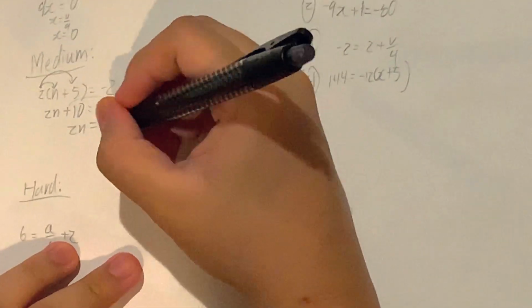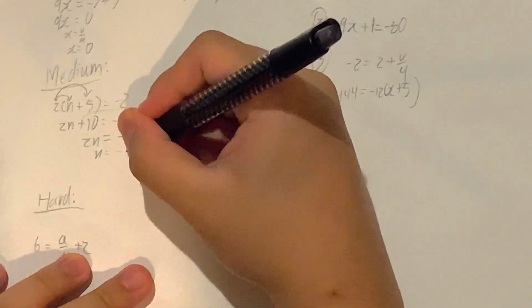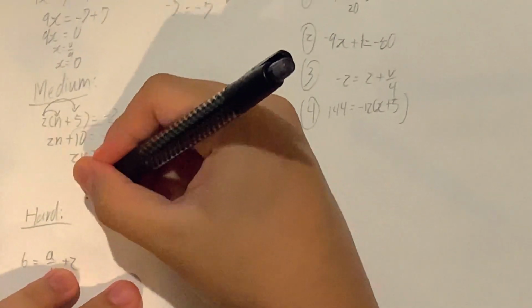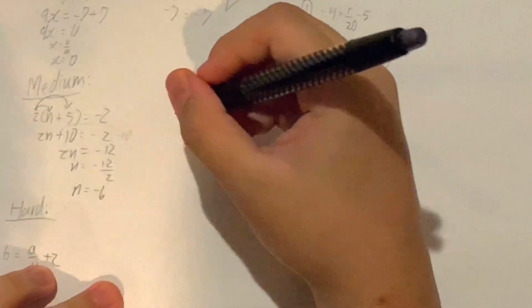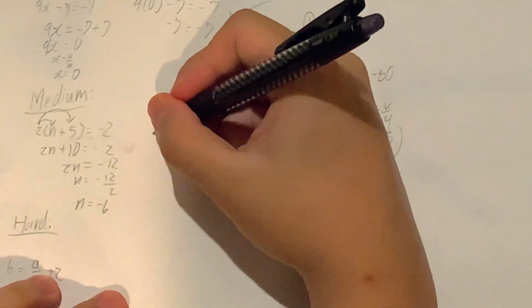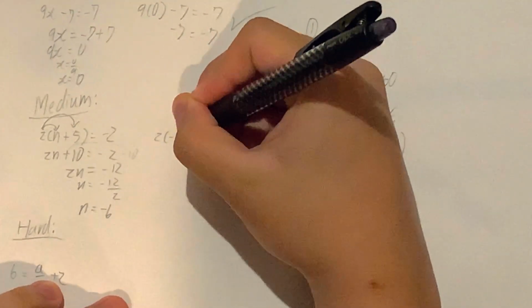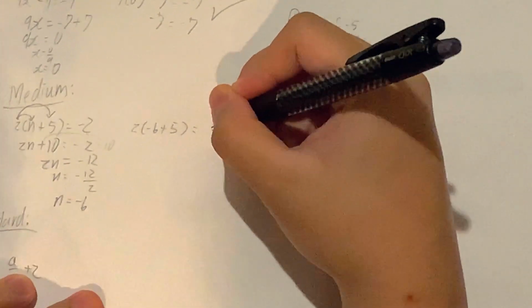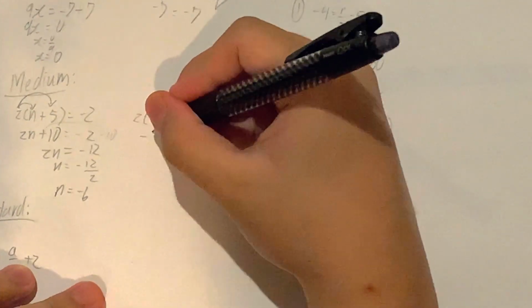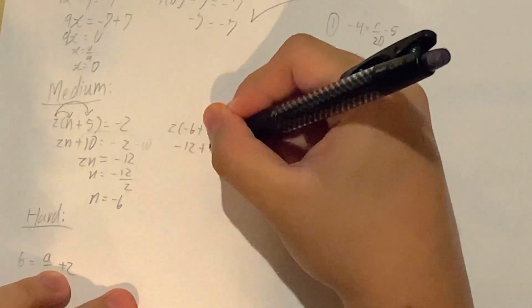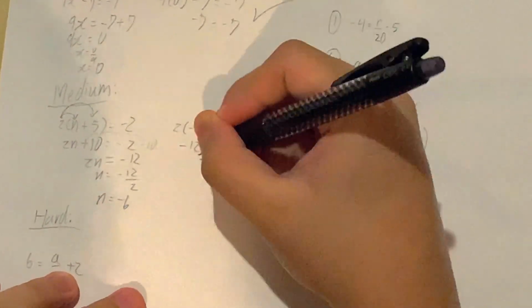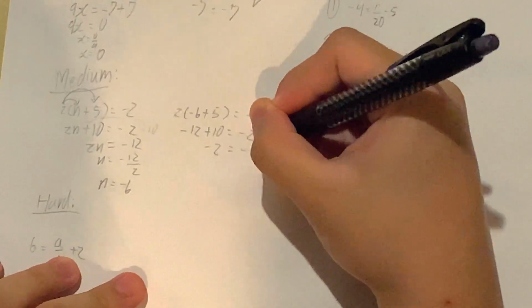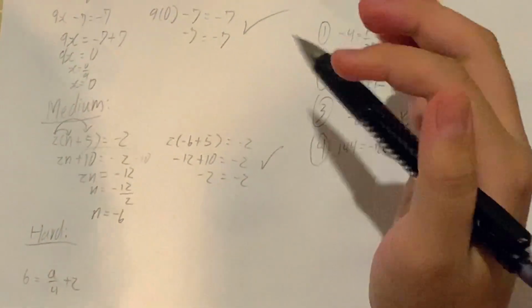And then you divide minus 12 divided by 2, it's n equals minus 6. And let's check our answers. And this is also right.